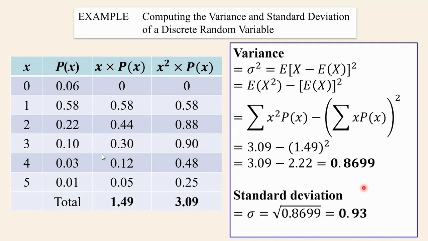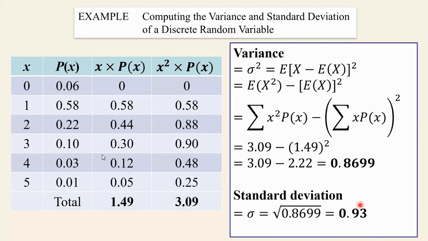So the number of DVDs rented from the store will deviate from the mean by 0.93 units.